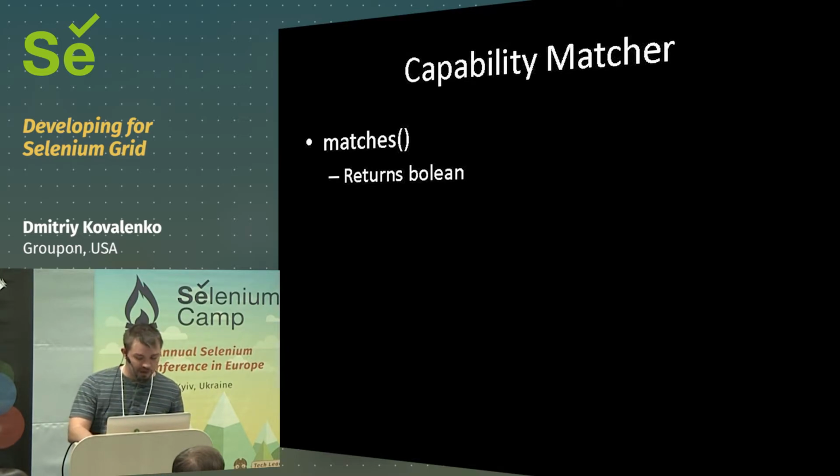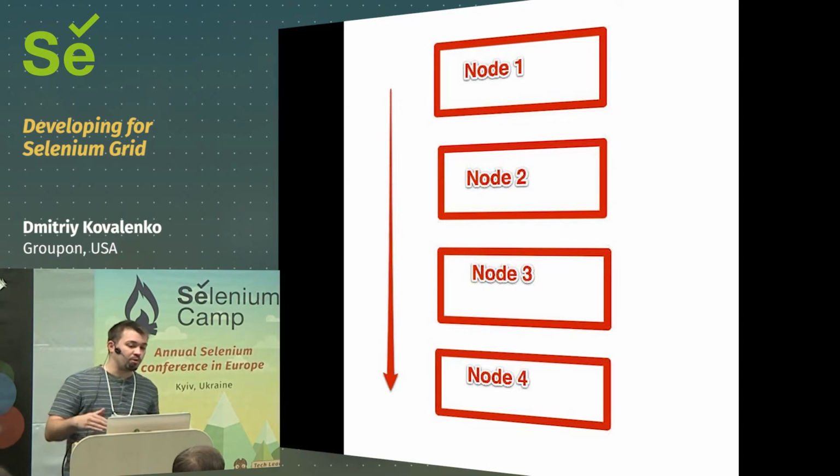So what happens during a new test request, the hub will go through all the nodes in the order that they registered. And they will say, hey, do you match this requested test capability, yes or no? Yes or no, yes or no, yes or no. And the problem with it is if you have 10 nodes and you run 100 tests one at a time, node number 1 will run all 100 of those tests because it will not automatically go to node number 2.